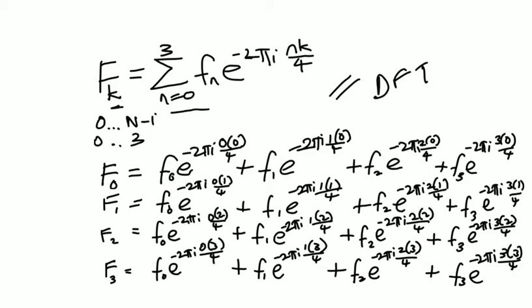As you can see, we have 4 expressions, 4 equations, like F0, F1, F2, F3, and for each of these F terms we have to do this summation. So there are 4 complex exponents to be calculated. The example that we have right now is only for the case of 4 data points, which is not big.